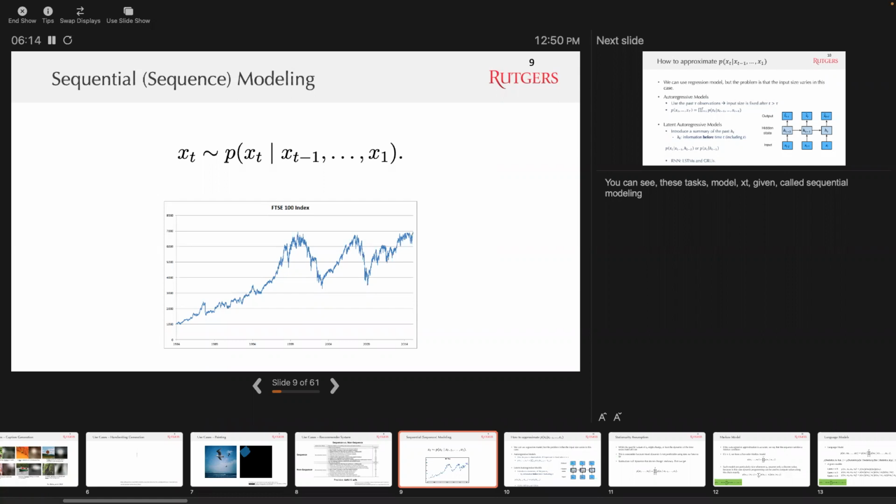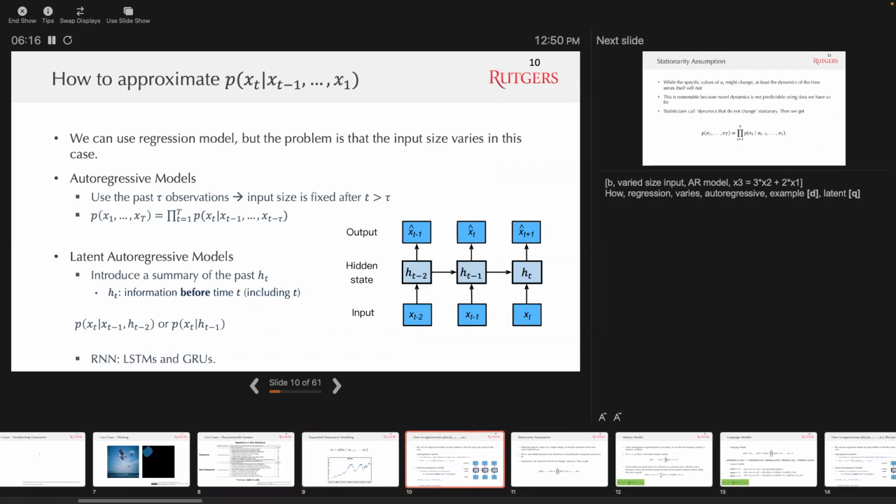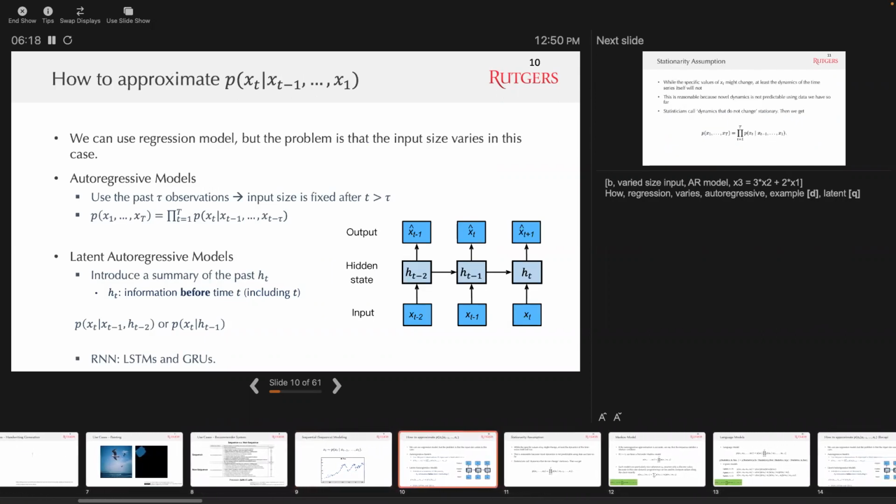Okay. So how can we do this? How do we learn or how do we approximate this sequential model? A simple case, if you think about it, right, if you want to predict x_t given x_{t-1}, x_{t-2}, all the way to x_1, then the simplest way you can do it is to use a regression model, right?